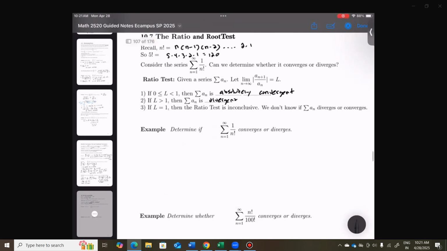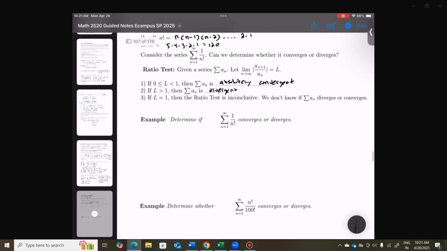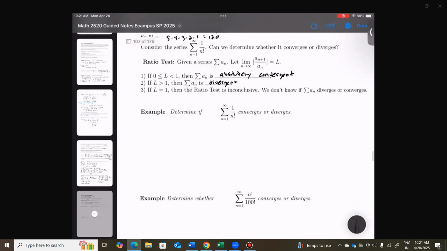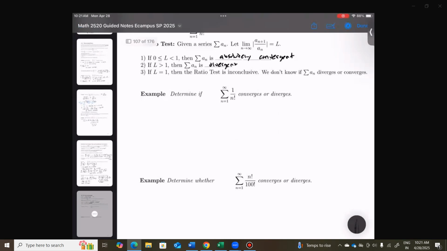Okay, so now let's go back up to our example 1 over n factorial and use this ratio test to see if it converges or diverges. And one of the reasons this helps with things with factorials is you can get a lot of those terms to cancel out using the ratio test.